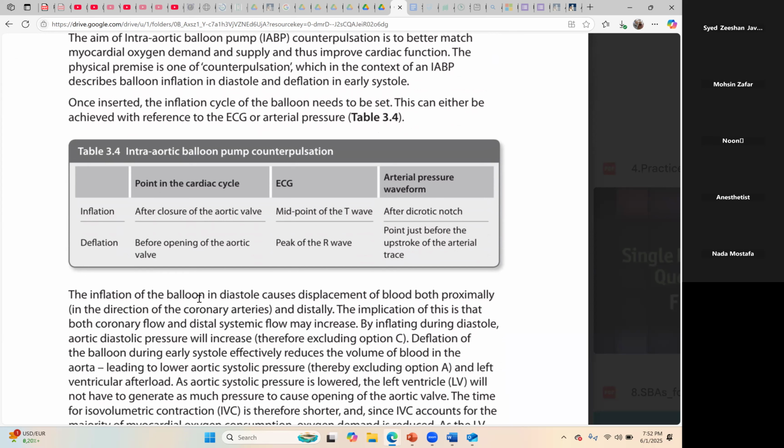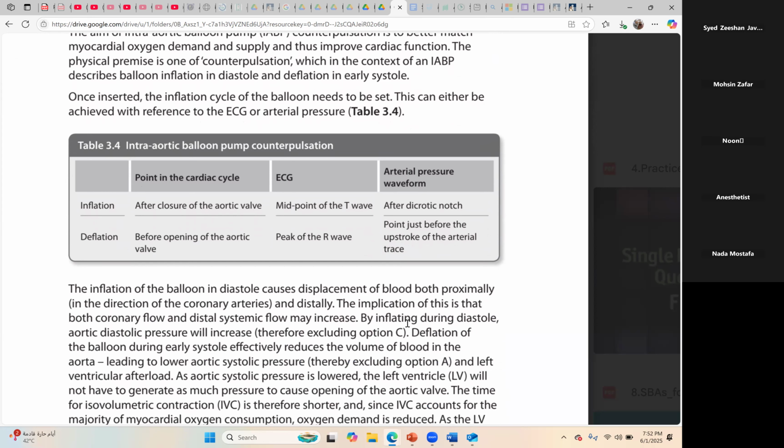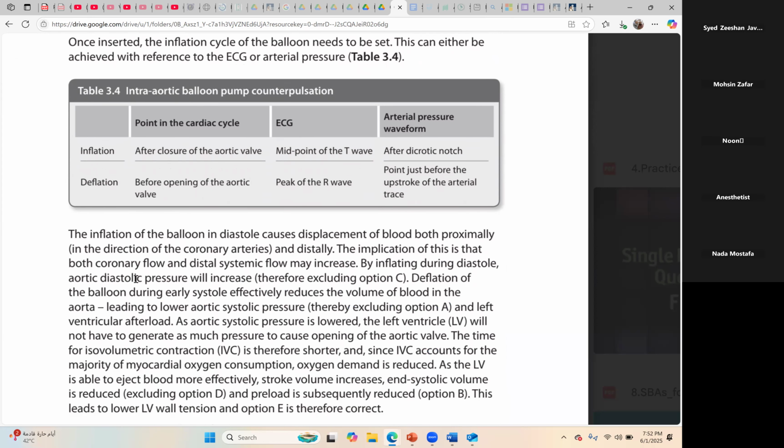So inflation of the balloon in diastole causes displacement of blood both proximally in the direction of the coronary arteries and distally. The implication of this is that both coronary flow and distal systemic flow may increase. By inflating during diastole, aortic diastolic pressure will increase. As I told you, aortic diastolic pressure will increase.